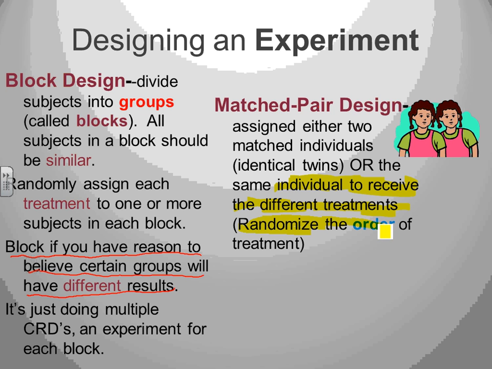That is your typical matched pair. Or we matched up the type of person. Like we try to find identical twins, and we give them different treatments, and then we can compare their results. Okay, that's matched pair, making sure we see on an individualized basis the difference in results.